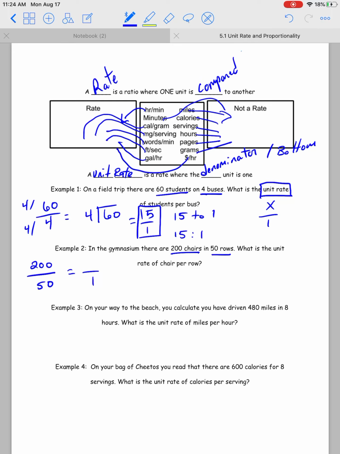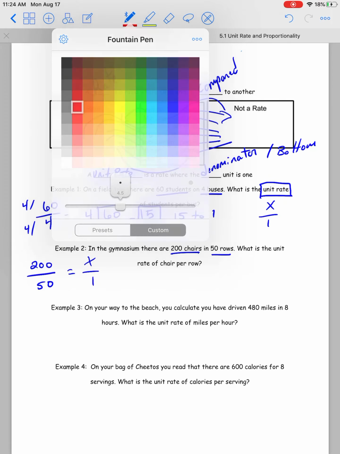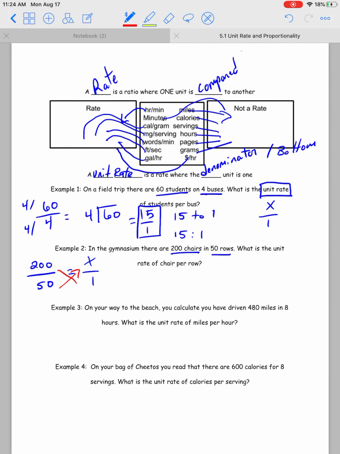What would we do? Remember, I can always write x over 1, and then I could cross multiply and divide. So that gives you 50 times x, or 50x, is equal to 200 times 1, so 200.